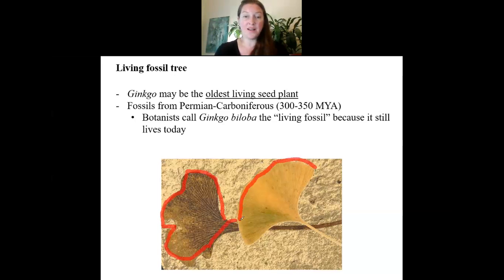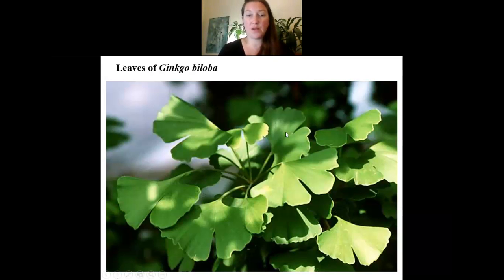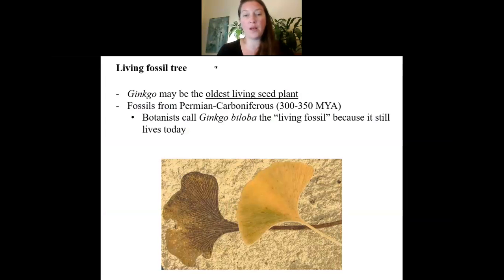And this is a not fossilized leaf of ginkgo. That's a horrible drawing. And look how similar they look. They can have slight variations in their lobing, as you can see in the previous slide, right? Some of these have a deeper lobe than others. But the point is that they haven't really changed in hundreds of millions of years. So we call them a living fossil.